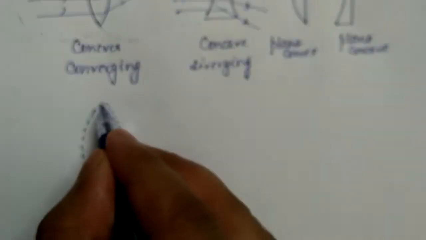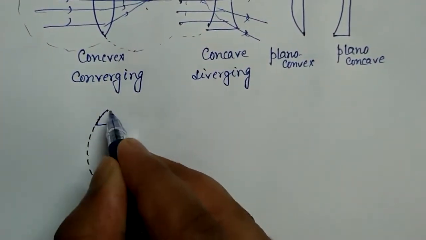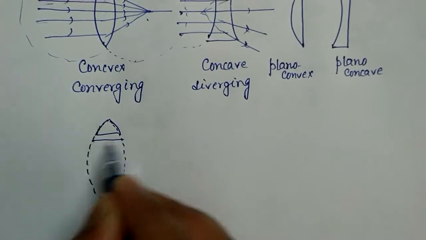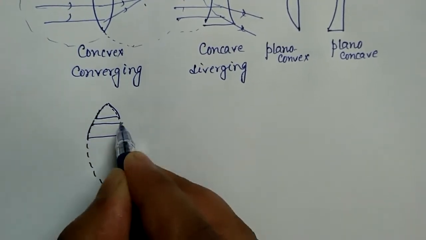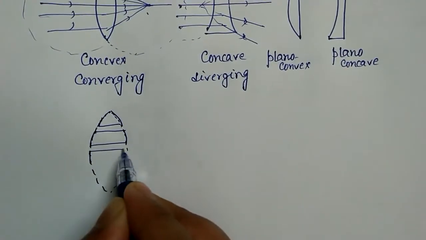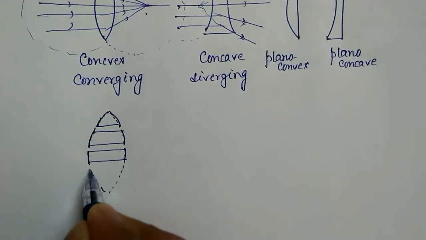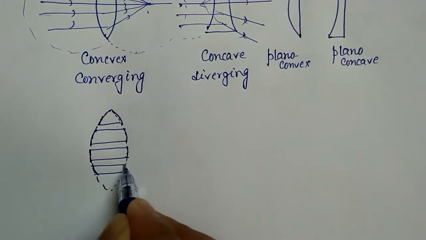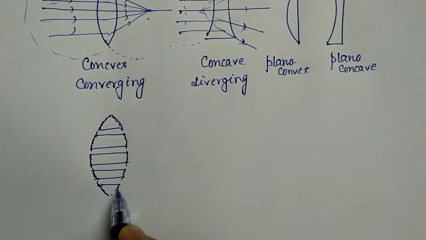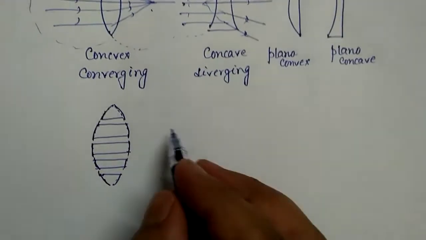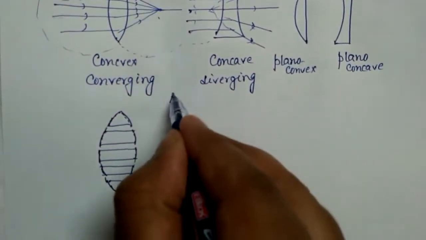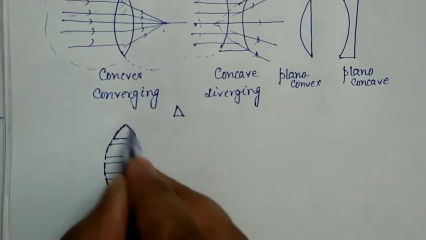Now I am reconstructing it by drawing some prisms. So these are the prisms. We know this is a prism, so this is somehow like a prism.